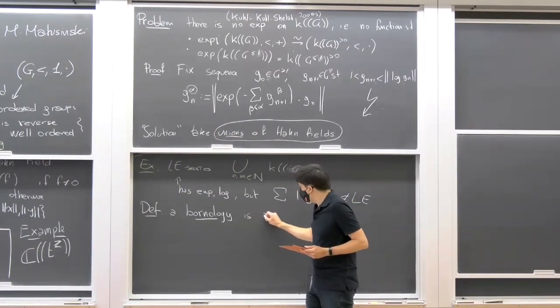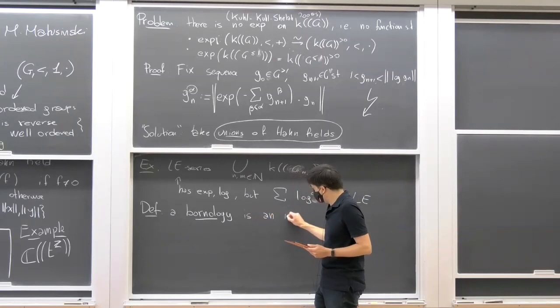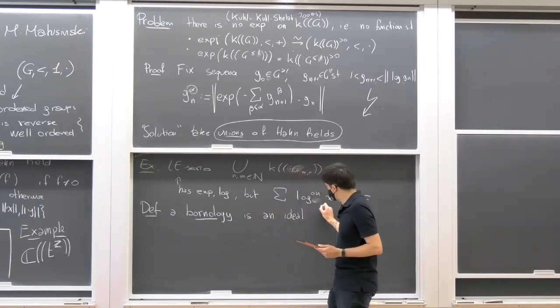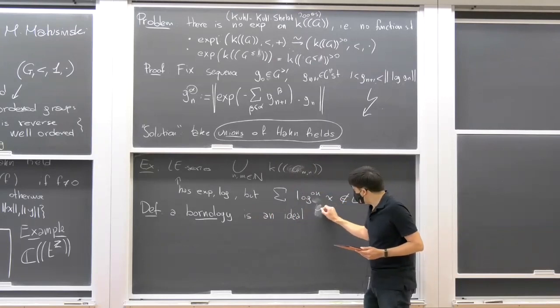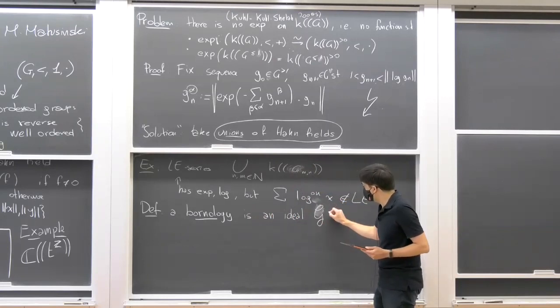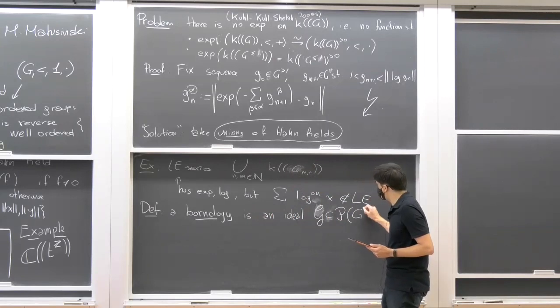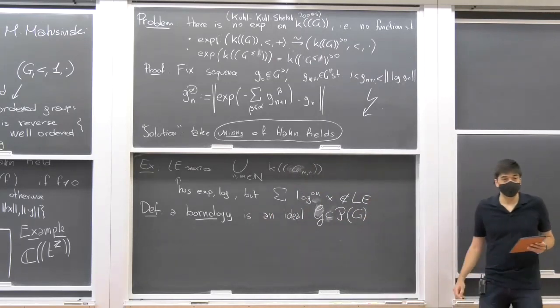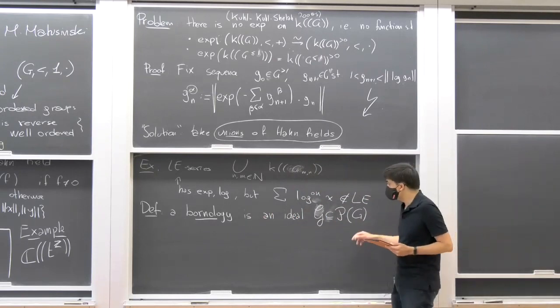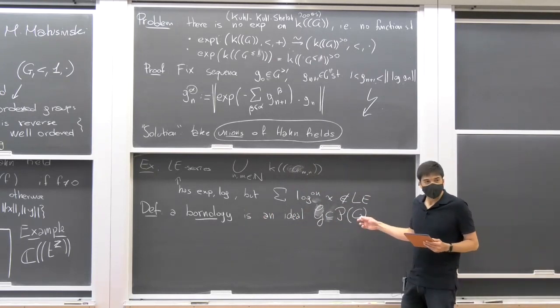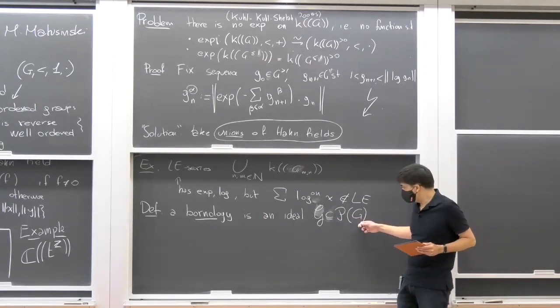It is an ideal, and I'm going to use, I hope you're not going to hate me, curly G in the power set of G, of group G. Or the set, it doesn't matter, the group structure doesn't matter. Really, this is just about a set, the set G.